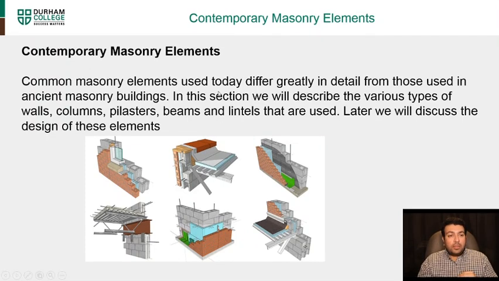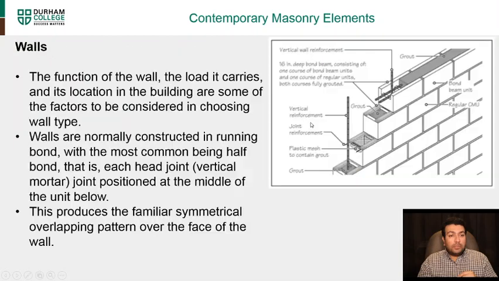So the first thing that we're going to talk about are walls. The function of a wall is that it carries the load, and its location in the building is a factor in choosing what type of wall we need.